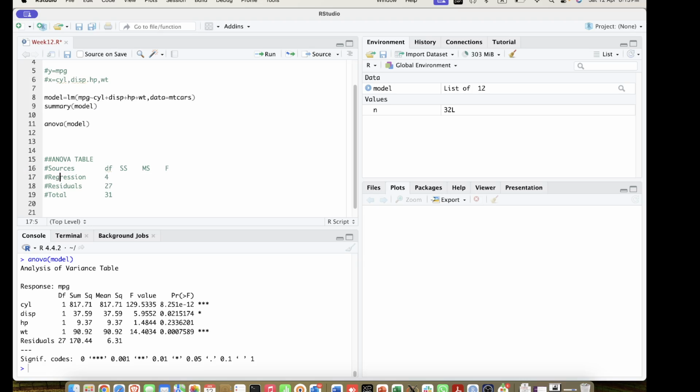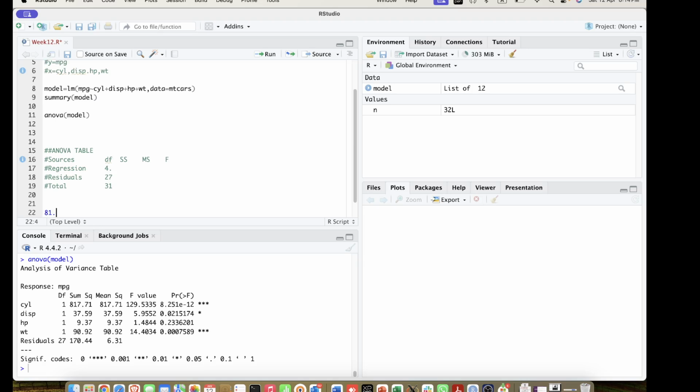Okay, sum of squares, we'll have to add all of these up, so that would be 817.71 plus 37.59 plus 9.37 plus 90.92.